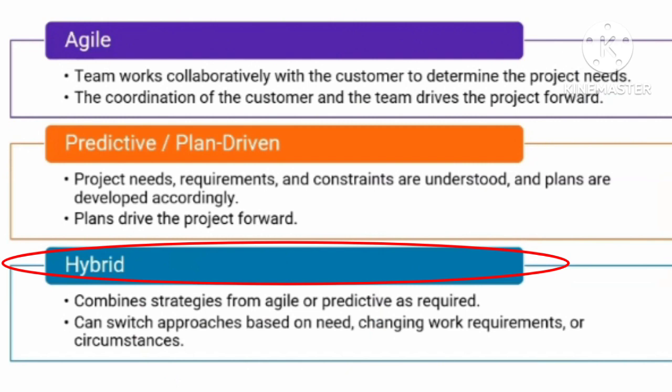That means the customer gives the requirements from time to time and we add feature by feature into the product, polishing or refining that product, package by package. That methodology is called the hybrid methodology. It is nothing but a combination of agile methodology and predictive methodology.